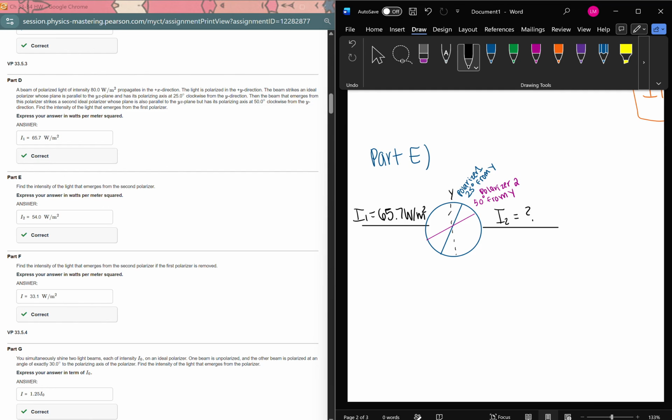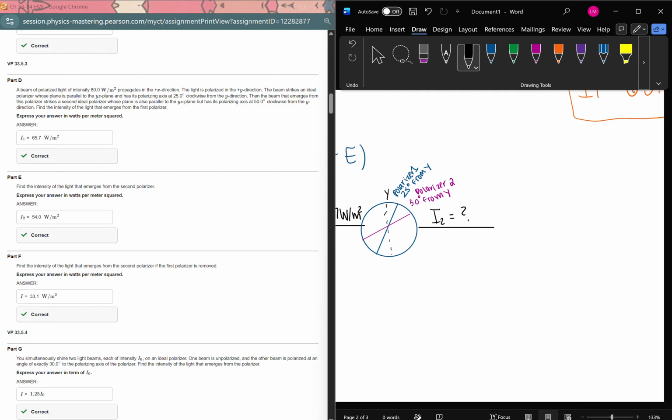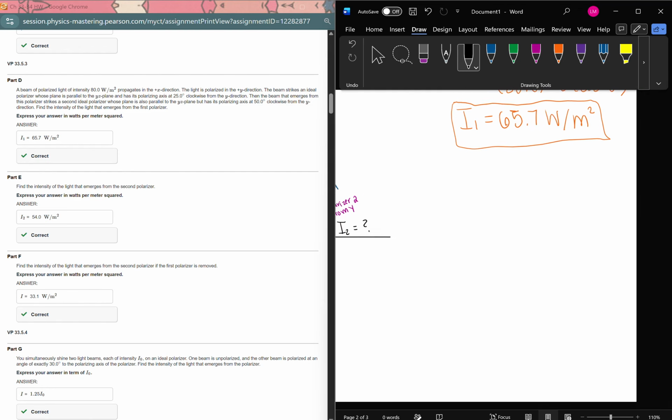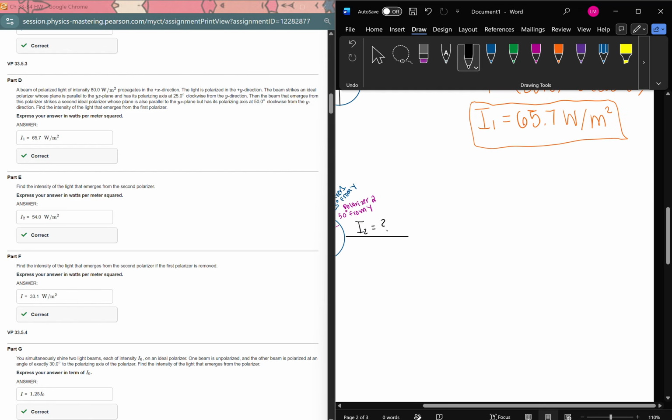Okay, so let me explain the diagram. The second polarizer now is measuring the angle relative to the first polarizer axis, which is 25 degrees apart. So we're going to have to use Malus's law again. So the second polarizer is 50 degrees clockwise from the y-axis, which was stated up here. So now we're going to use Malus's law, and for the angle between the two polarizers, it's 50 degrees minus 25, which is 25 degrees.